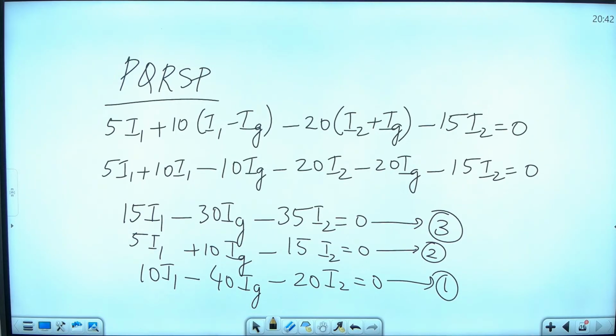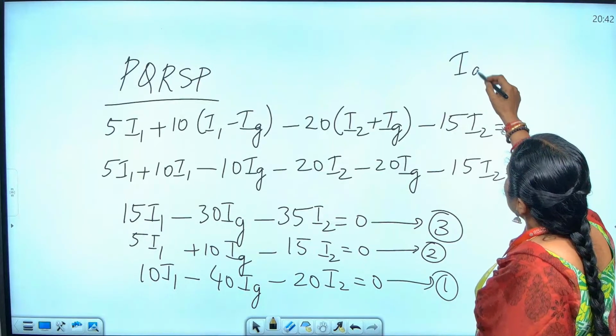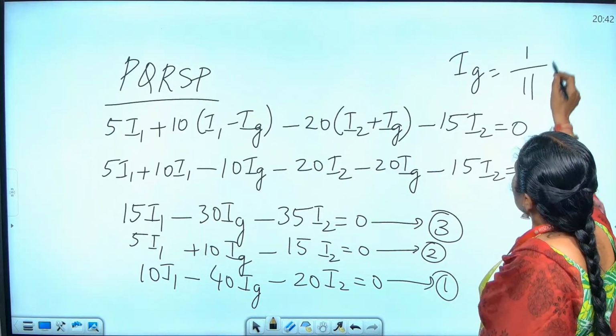Pratyunjay, are you trying? 1 by 11. 1 by 11, 0.99 almost. 0.88. Roughly it should be 1 by 11. IG will be equal to 1 by 11.